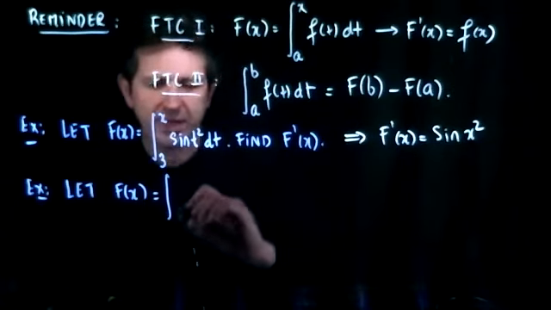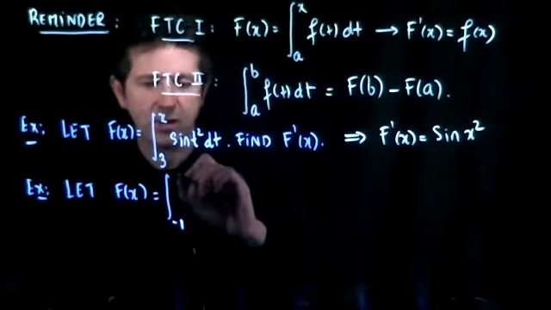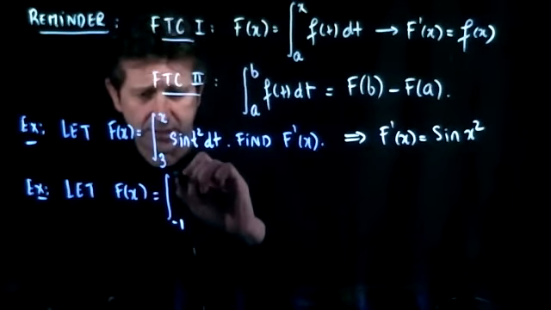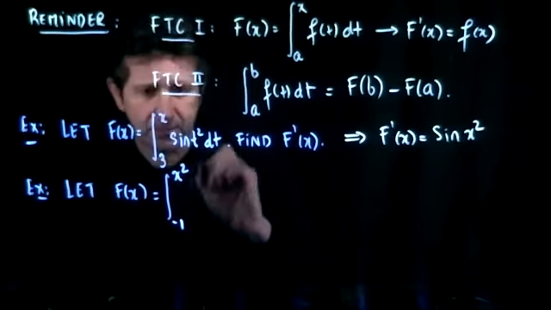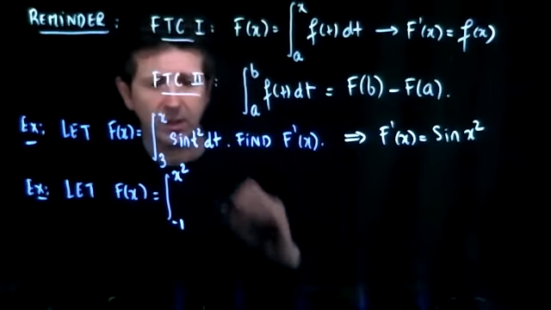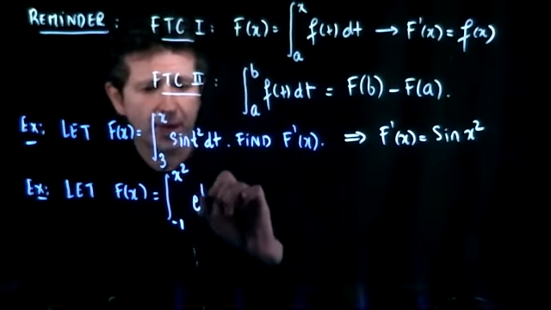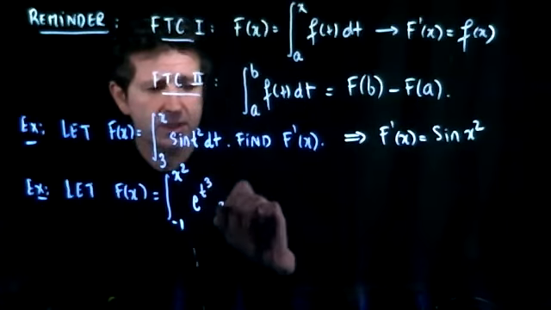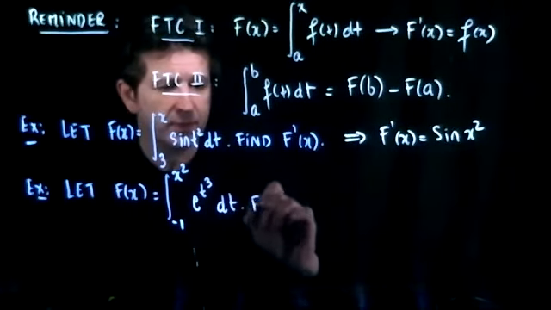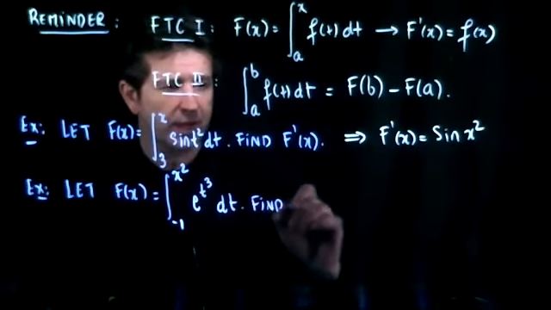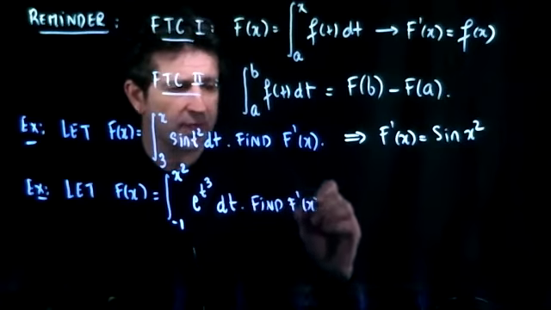So let's say F of x is, let's say, the integral from -1 until x squared of e power t cubed dt. Find F prime of x.